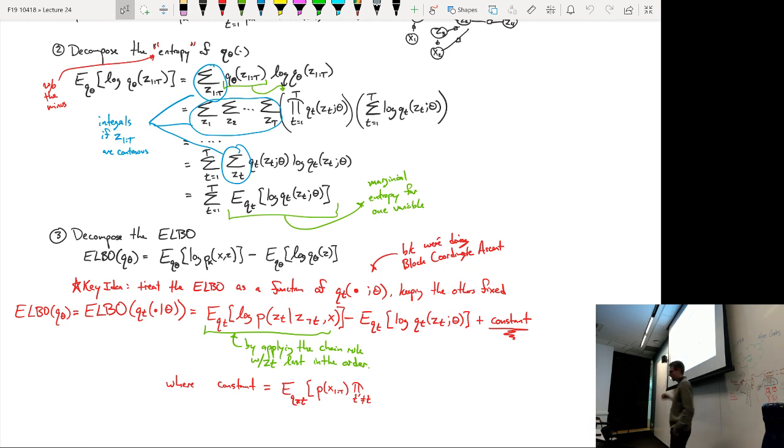And then we've also discarded all of the terms in the sum over t primes not equal to t, where we have expectations under qt prime of log qt prime zt prime theta.